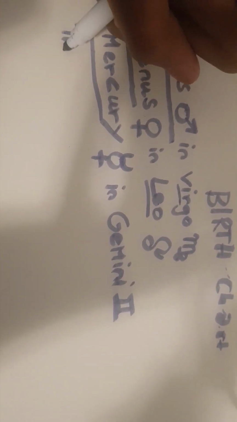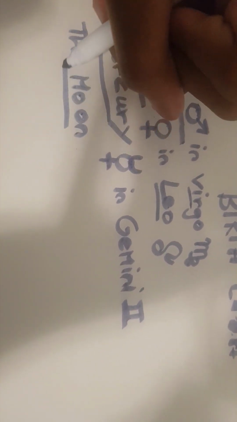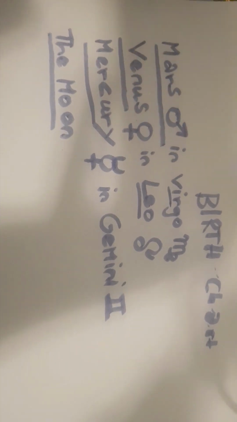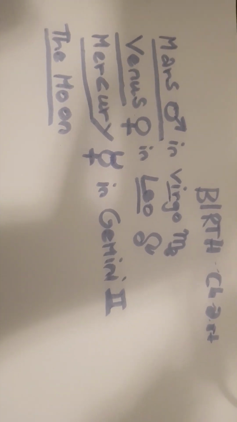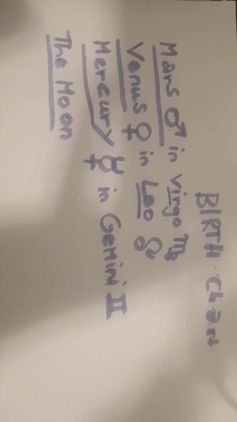Next, I'm gonna put my moon sign. So I have moon in Virgo. So yes, Virgo moon. And it actually makes a lot of sense for me to have Virgo and moon because the moon itself is a very feminine planet, and plus Virgo is a feminine sign.